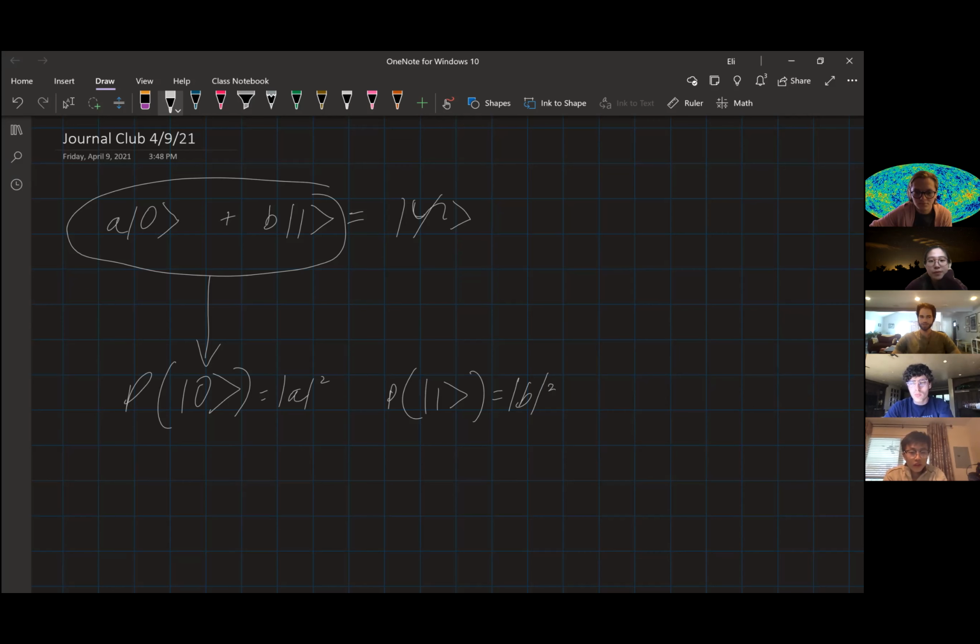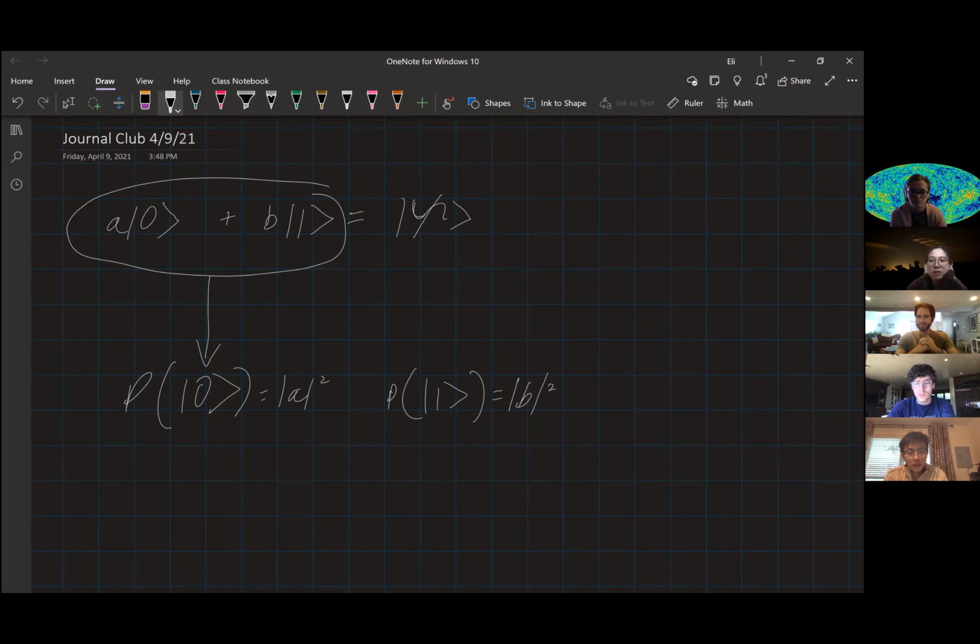So the question then is, there's a question you can ask, which is, what happens if I only measure it a little bit? In other words, what happens if I start my measurement, but then I stop it in a really short amount of time? Or I measure very weakly in some way, so that I don't really get enough information out to determine whether the system is in 0 or 1.